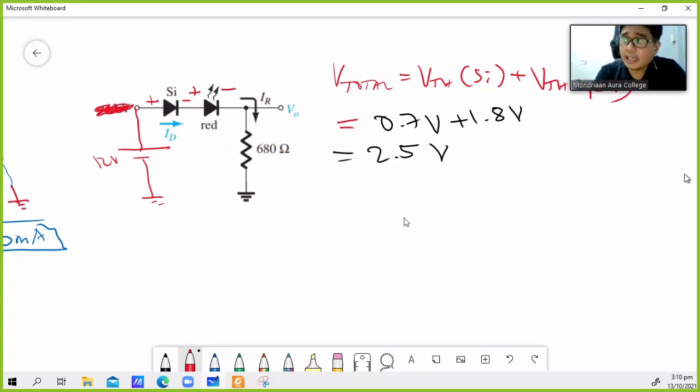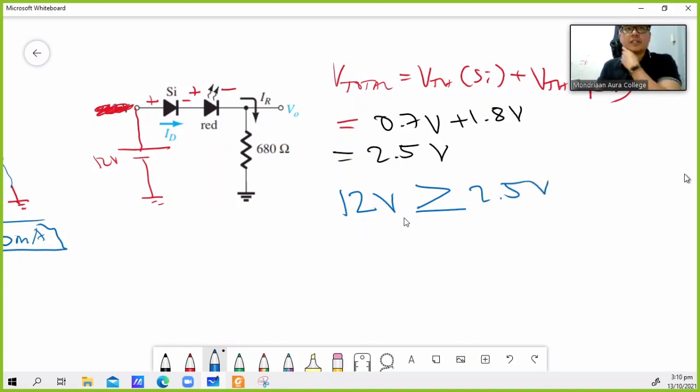Second criteria is the input voltage greater than or equal to the threshold voltage. In this case, ang magiging determining factor dyan, is the input voltage greater than or equal to the total. So ang total natin is 2.5. Kanina sa mga previous examples natin, ang kino-consider lang natin yung threshold ng iisang diode.